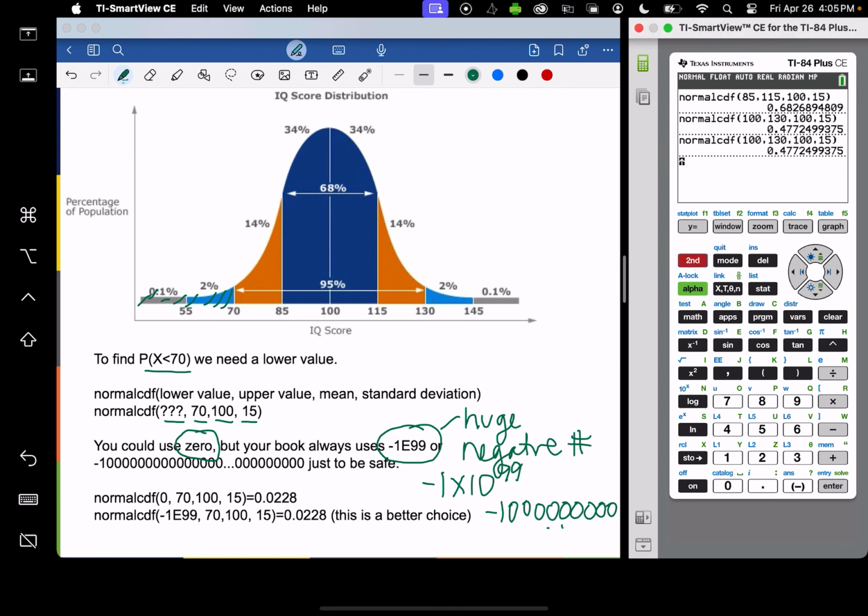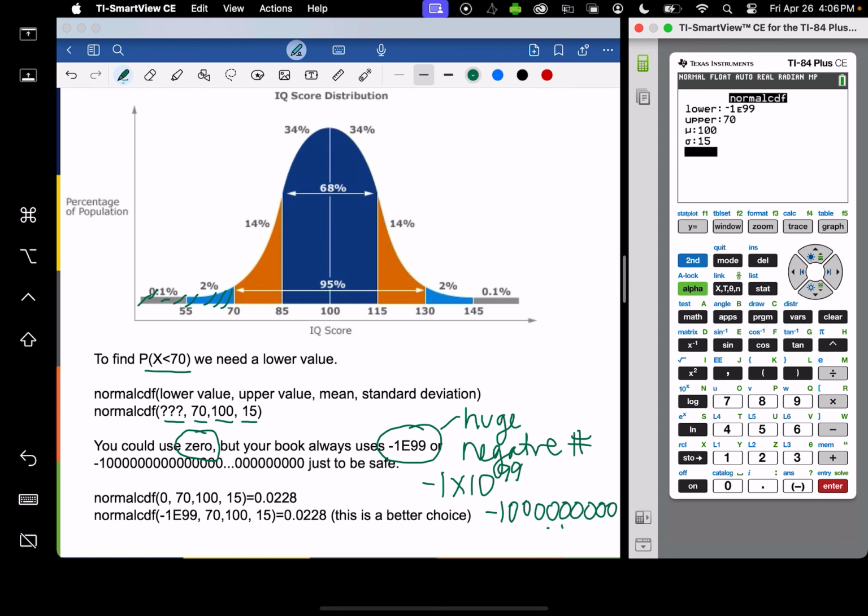Let's do second distribution, normal CDF, negative 1, and then the E is right above the comma, so I do second E. The funny thing is that there's a double E, but then when I type it, there's just one E, 99, and that's my lower bound. My upper bound is going to be 70, and then everything else stays the same.